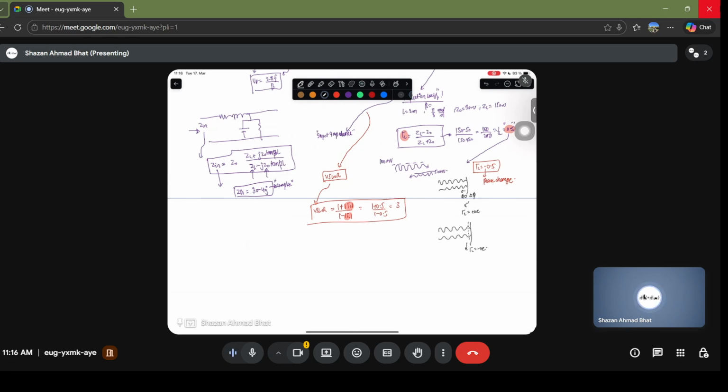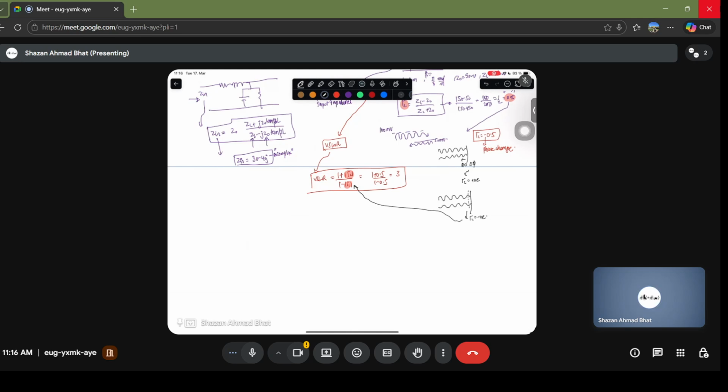That's why when you use reflection coefficients in VSWR, it has to be a positive quantity. So you take the magnitude of the reflection coefficient, so that suppresses the negative part by itself. So this is about this particular thing.